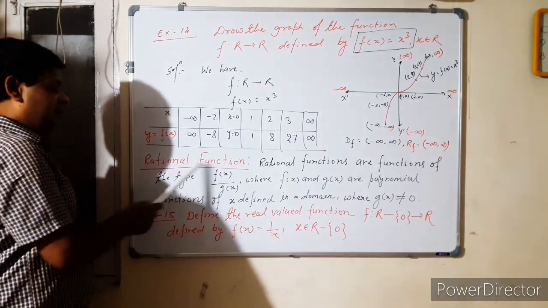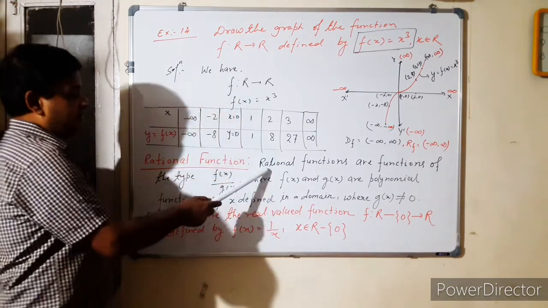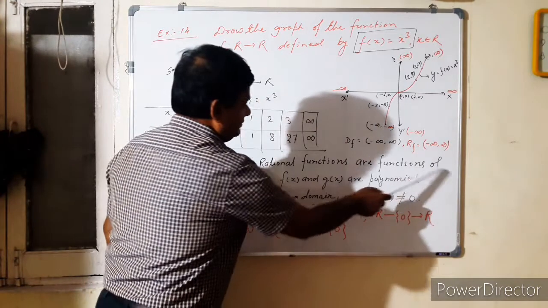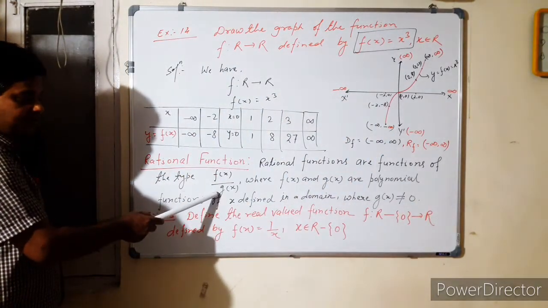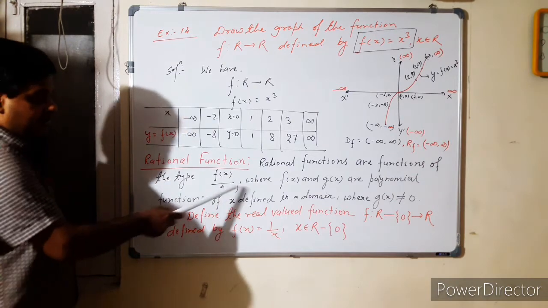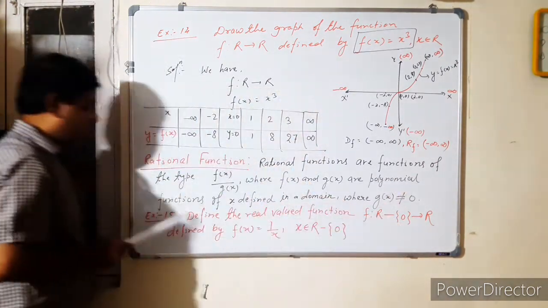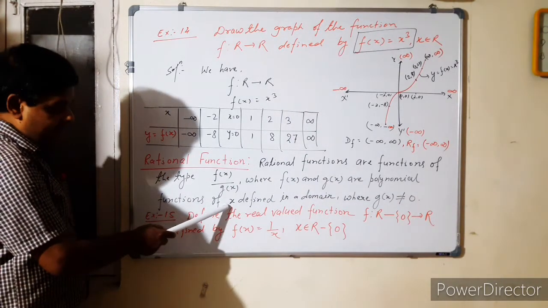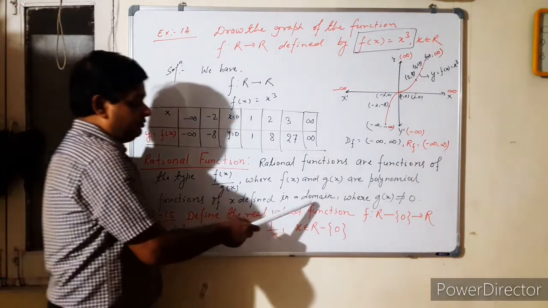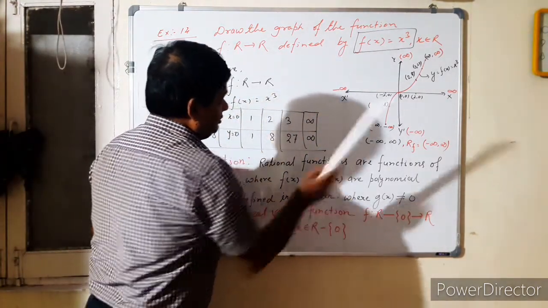Now, rational function. Rational functions are functions of the type f(x) by g(x), where f(x) and g(x) are polynomial functions. You know already that polynomial functions of x are defined in a domain where g(x) is not equal to 0.